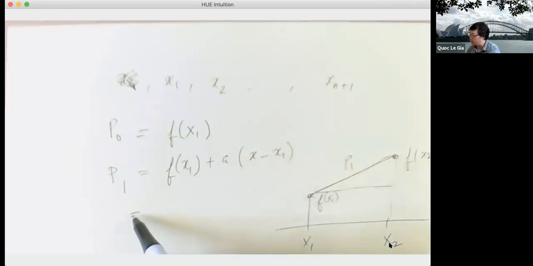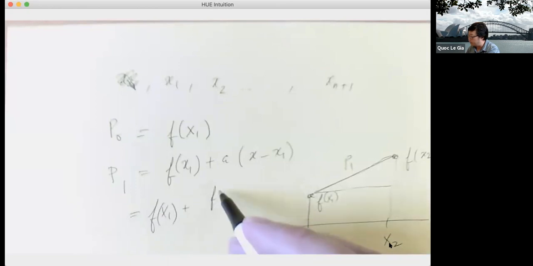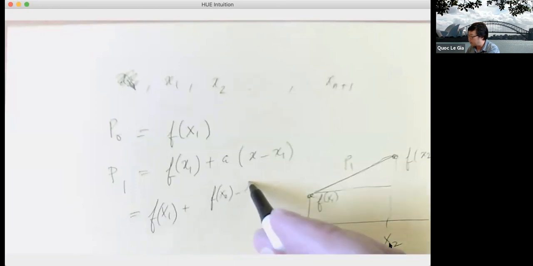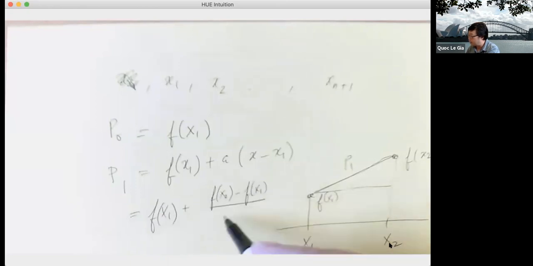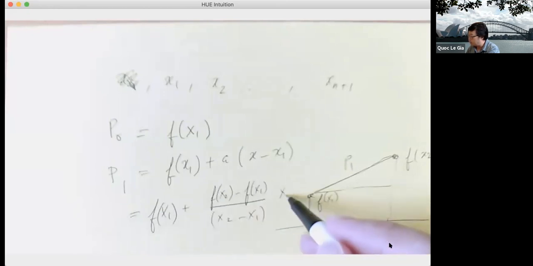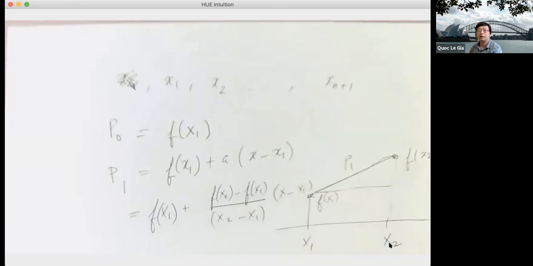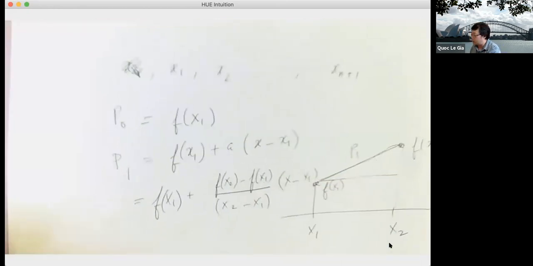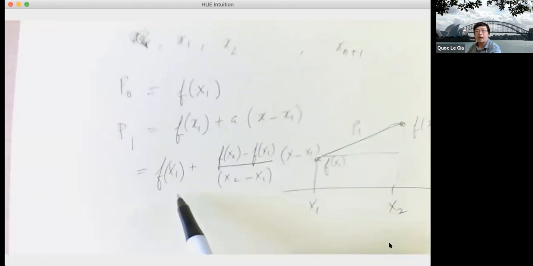Okay, so it will be f of x1 plus (f of x2 minus f of x1) divided by (x2 minus x1), times (x minus x1). And now you look at this one. The f of x1 is just p1.